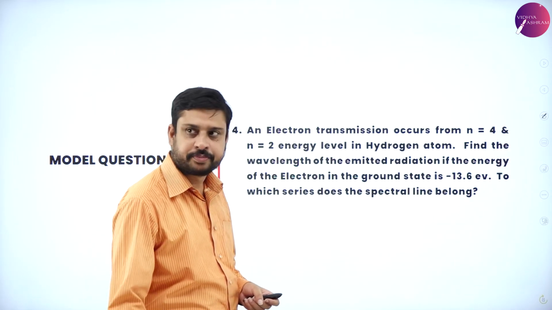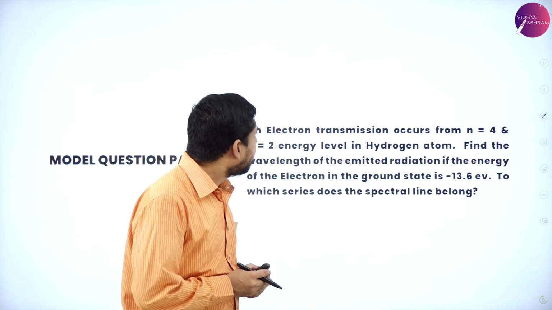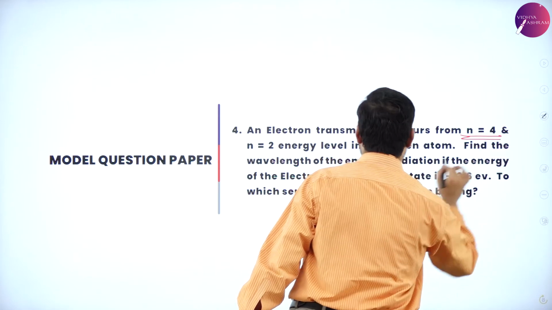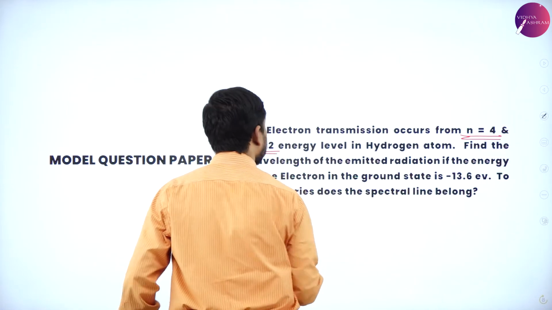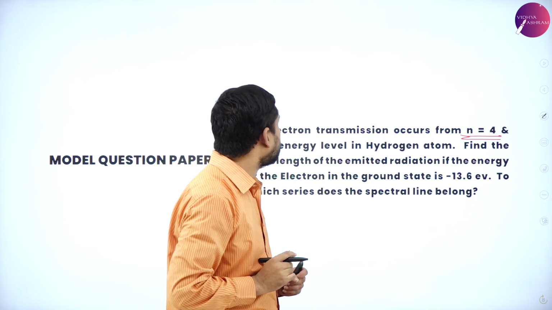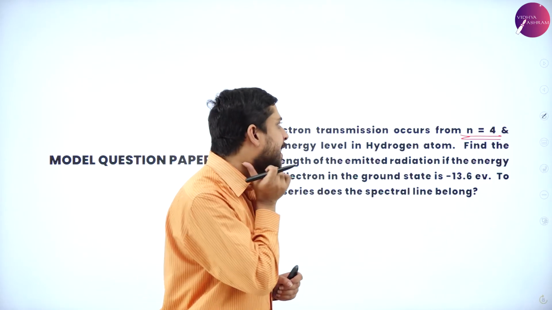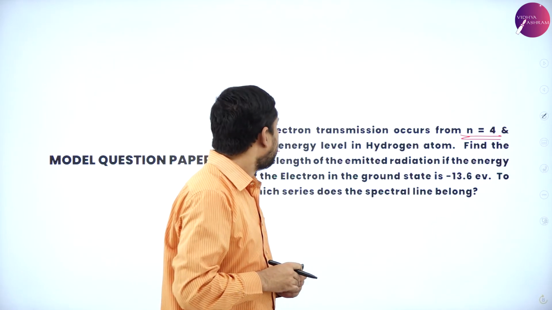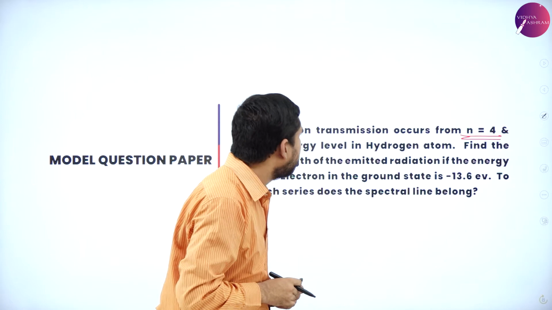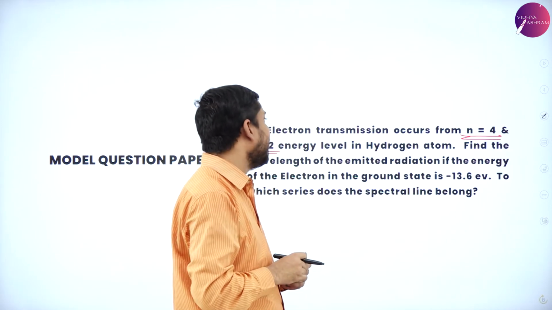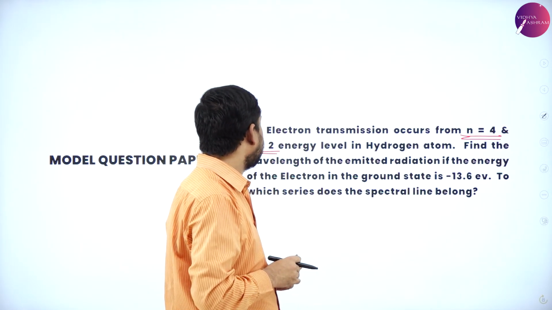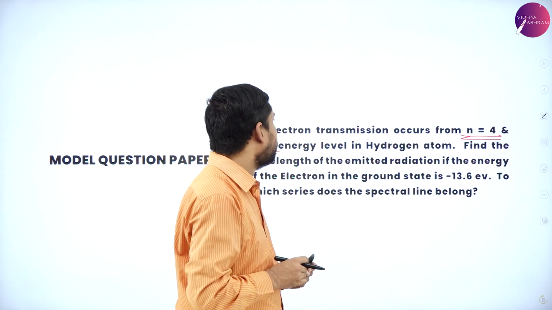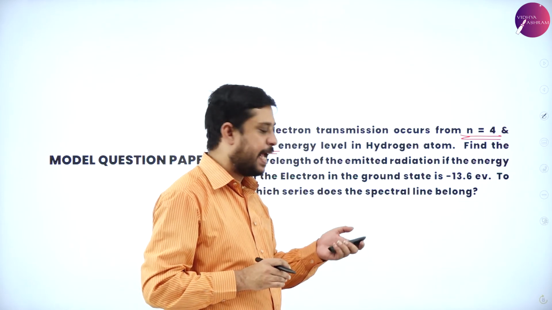The next one. An electron transition occurs from n equals 4 to n equals 2 energy levels in a hydrogen atom. Find the wavelength of the emitted radiation if the electron in the ground state has energy minus 13.6 electron volt.